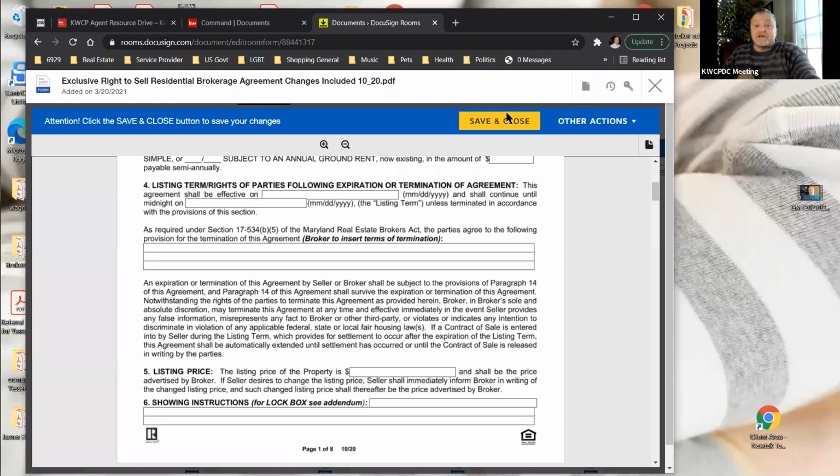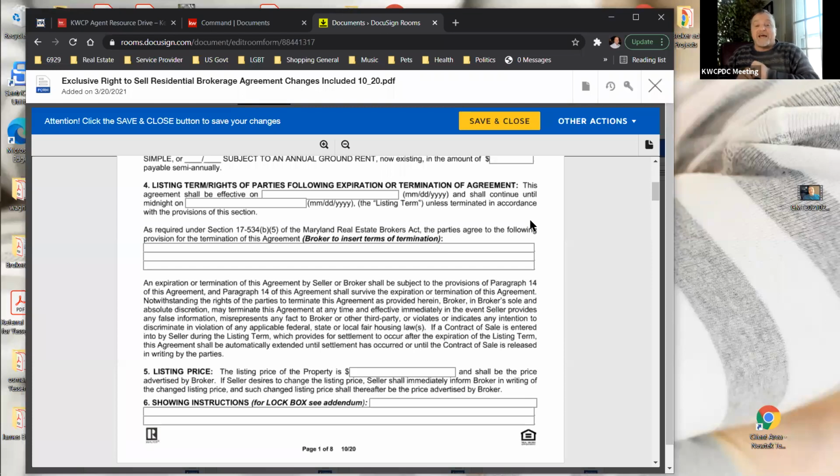That essentially means if a seller decides they don't want to work with you, orally telling you is not sufficient. Sending you an email is not sufficient. In writing means a statement in writing and signed. If they say, I don't want to work with you anymore, in Maryland, that's the rule. In DC, it does not require a unilateral notice, it requires a mutual agreement. So keep that in mind also.